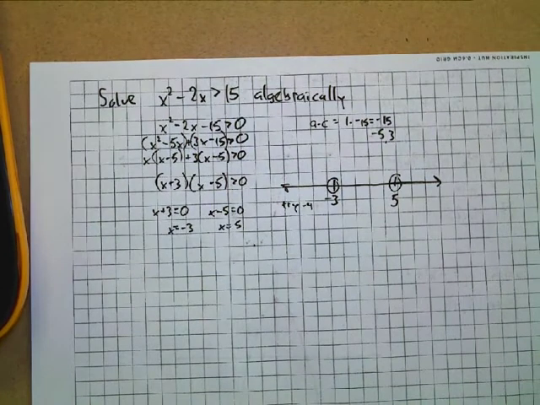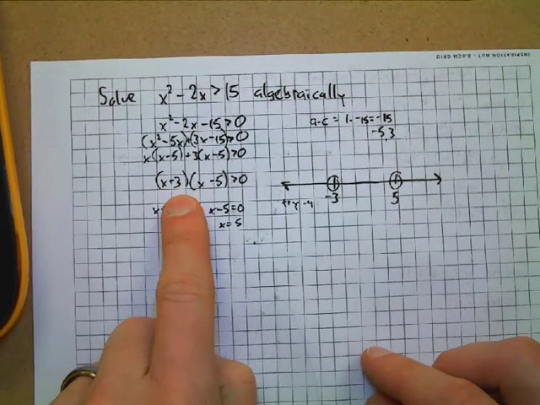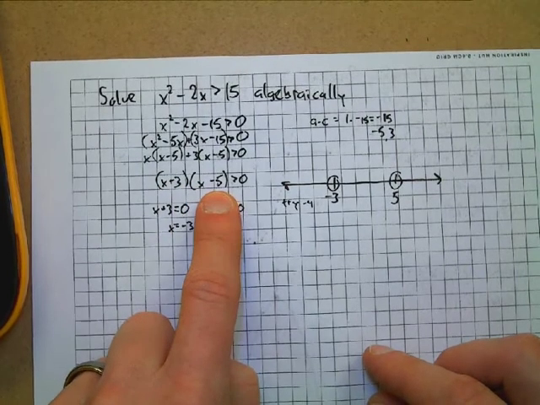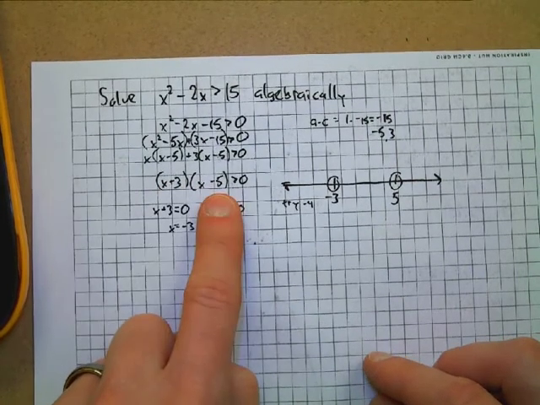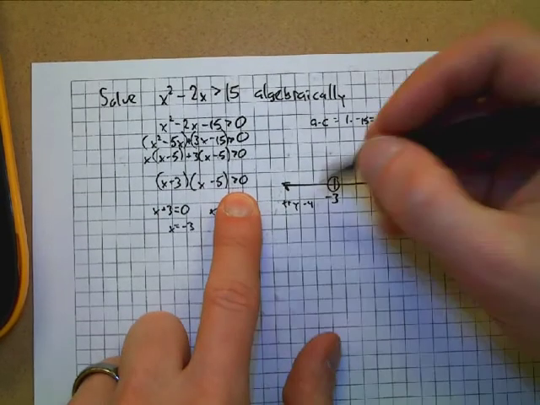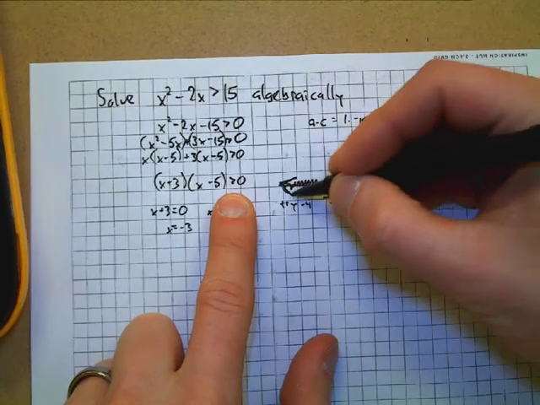I'll plug it into this because it's the easiest to do the math. Negative 4 plus 3 is negative 1. Negative 4 minus 5 is negative 9. Negative 1 times negative 9, positive 9. Is that greater than 0? Yes. So that means we have solutions this direction. All of our solutions are to the left of negative 3.